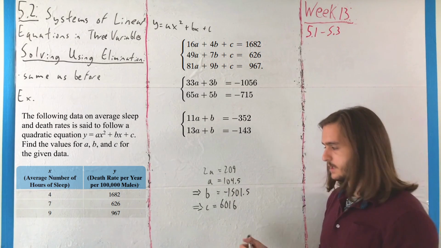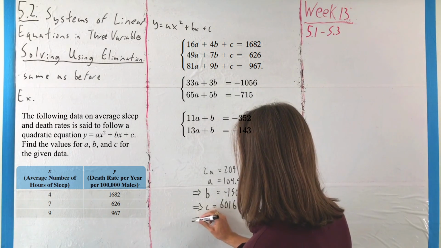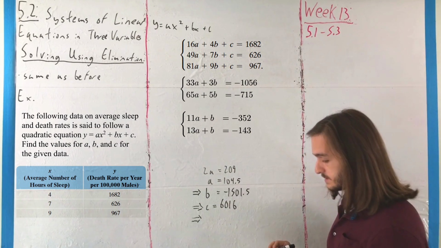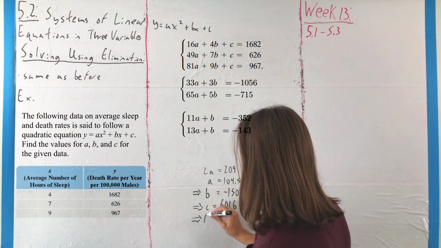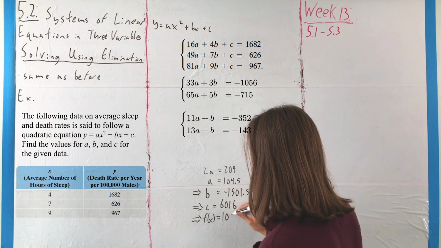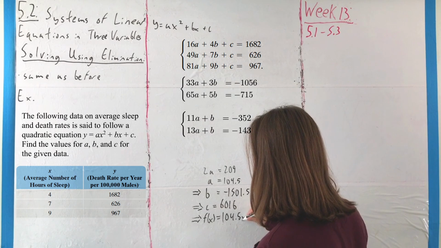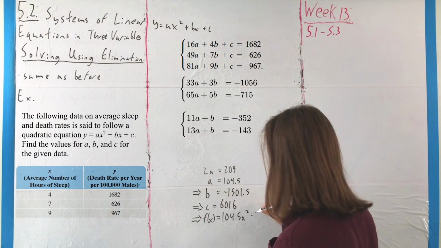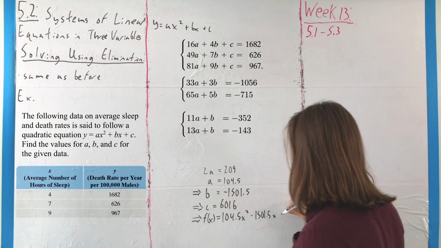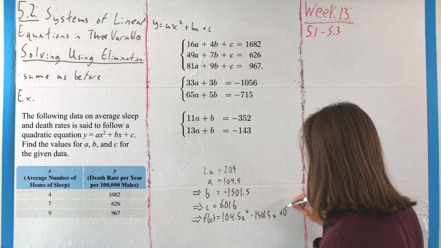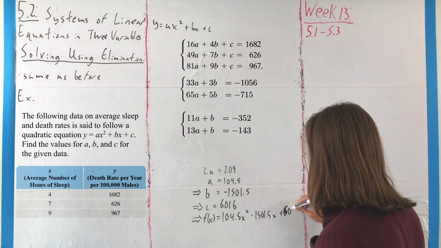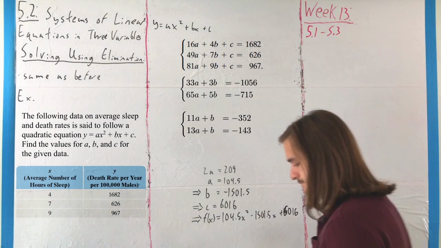So, at the end, if we want to get our model in terms of y equals ax squared plus bx plus c, we could call this now a function of x, where this function of x is equal to 104.5x squared minus 1501.5x plus 6,016, up to my ability to write the number 6.